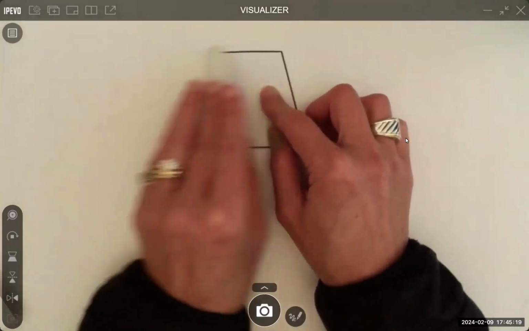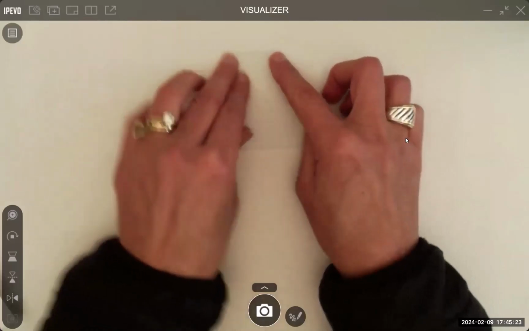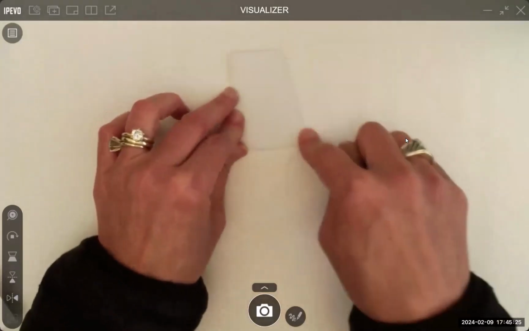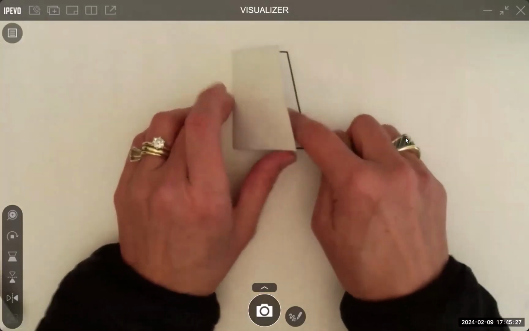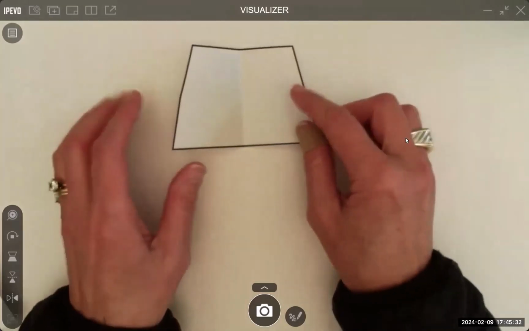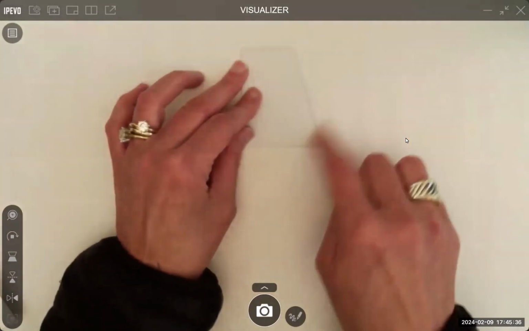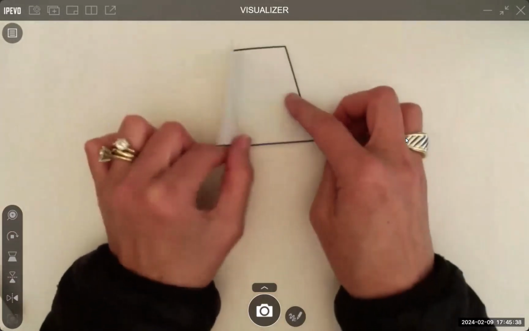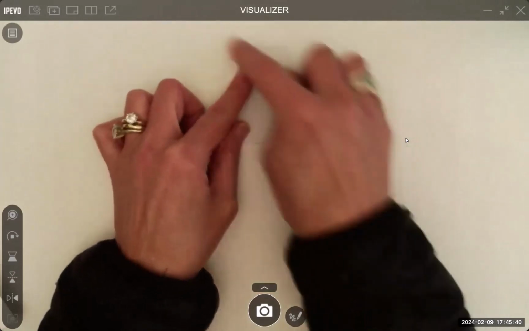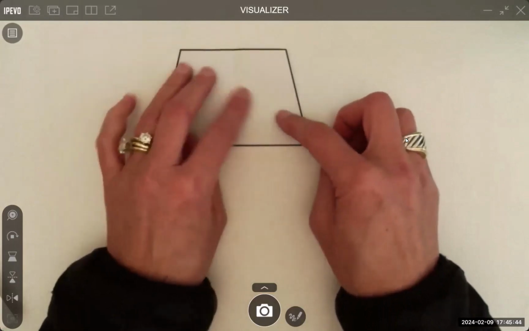If I take the trapezoid and fold it vertically and align the vertices to the vertices and the sides to the side, I can open it back up and clearly see that there was a line of symmetry. If I fold it back, I see that this half, the one on top, matches exactly to the half of the shape on the bottom.